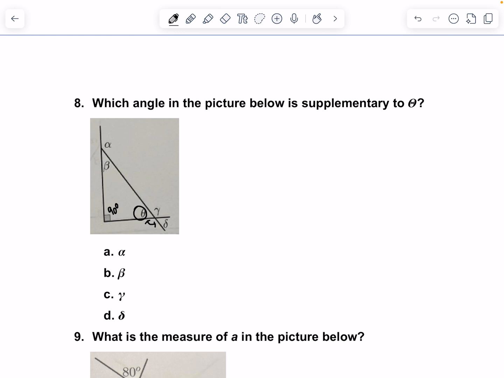So right off the bat, we know this is wrong because that will not add to 180. On the contrary, we know that this is 90, so these two must add up to 90 as well because a triangle is 180 degrees. Supplementary means 180, so these two would be wrong. And these two are adjacent, which means adjacent angles always add up to 180 degrees, which is supplementary. So the answer would be C.